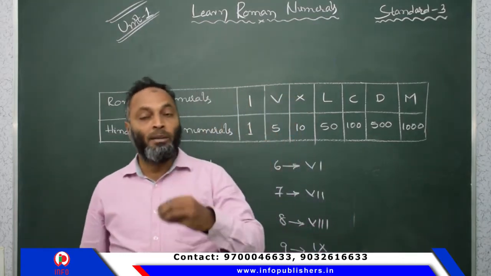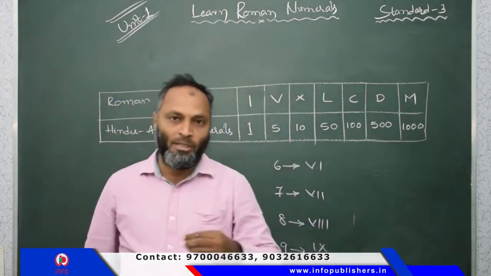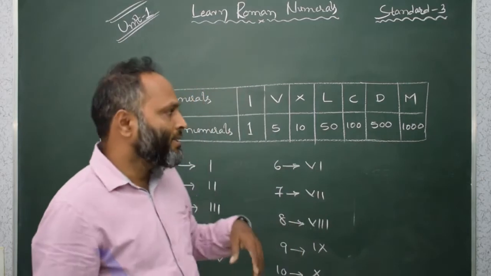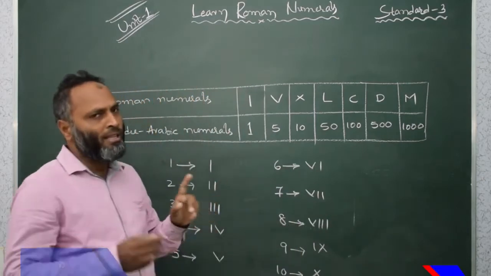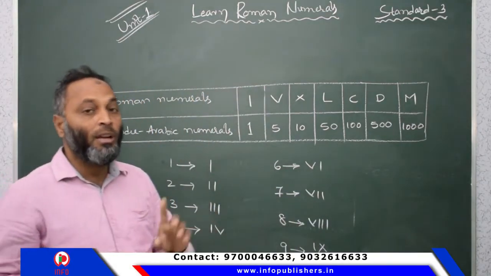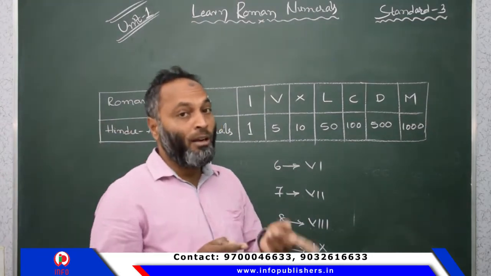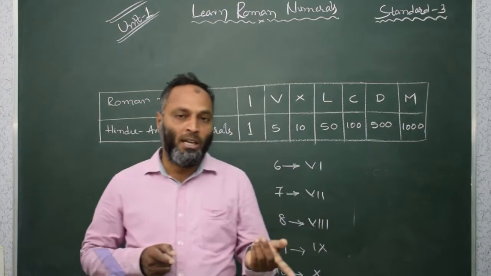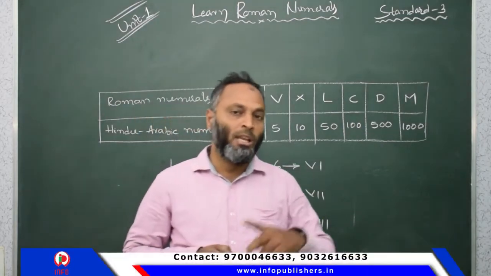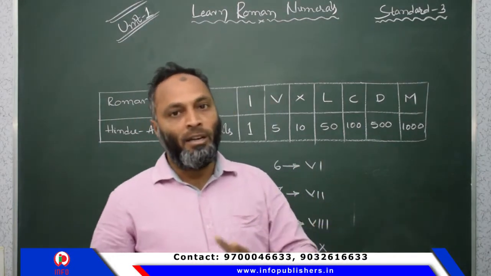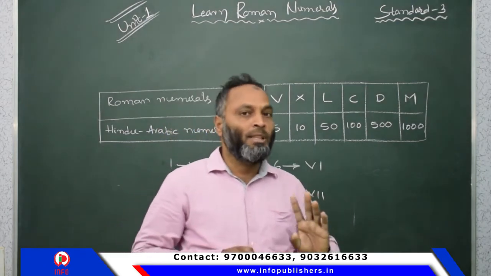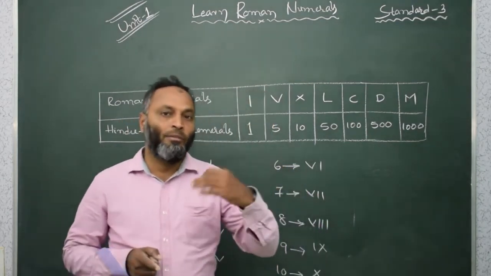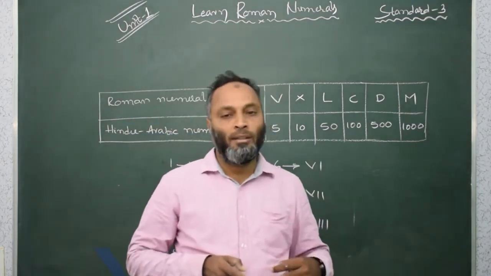If it repeats 3 times, we have to add 3 times. This is the first rule: if the Roman numeral repeats 2 or 3 times, we have to add.